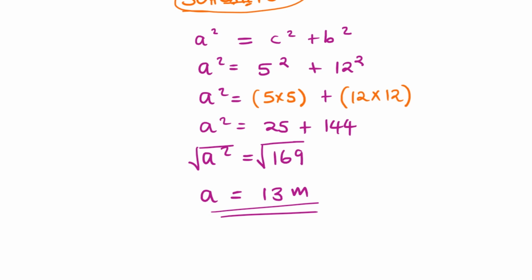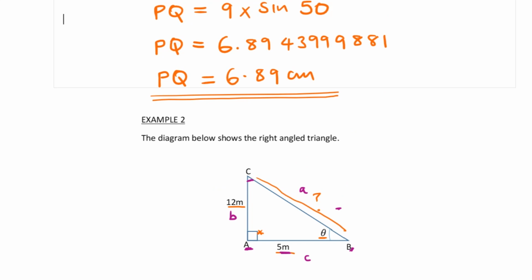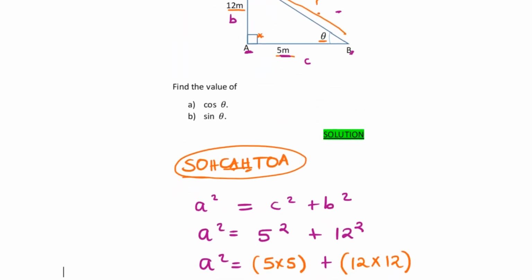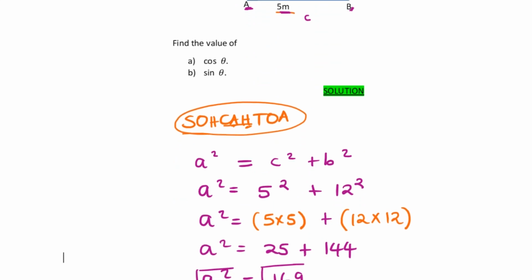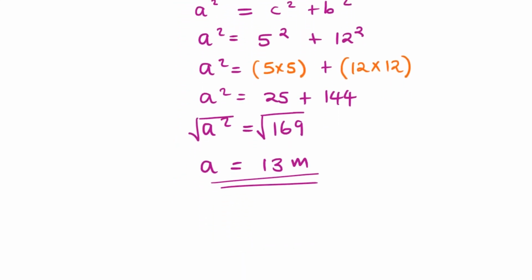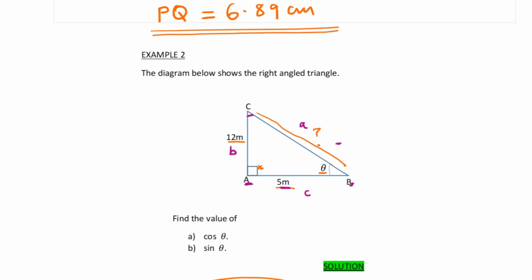From there now we can now find the value of cos theta. Cos theta, we are saying it's opposite over hypotenuse.